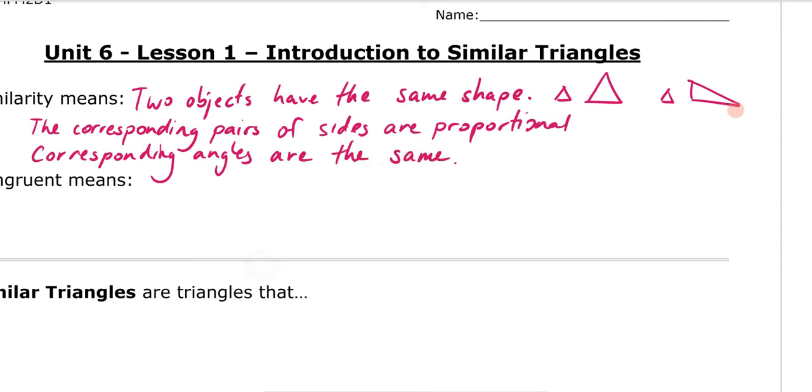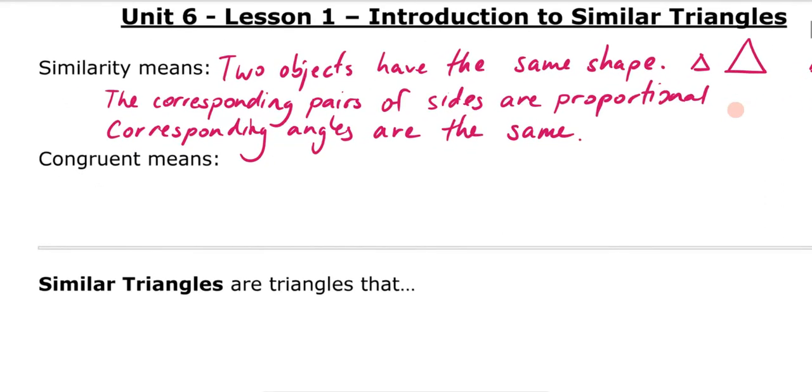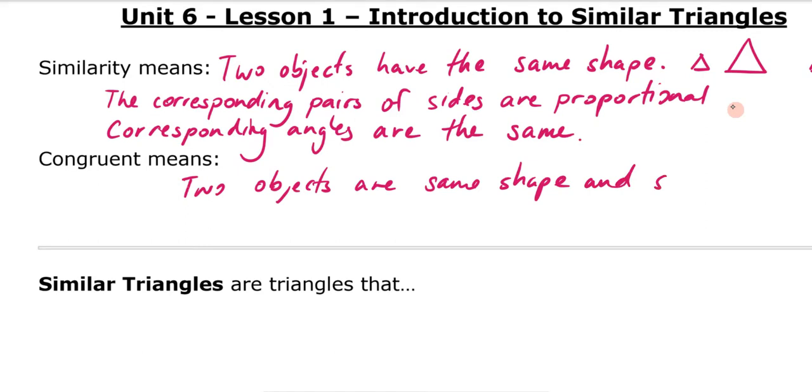Okay, so that's similarity. Congruency, or what congruent means, is that you have two objects that are the same. So two objects are the same shape and size.